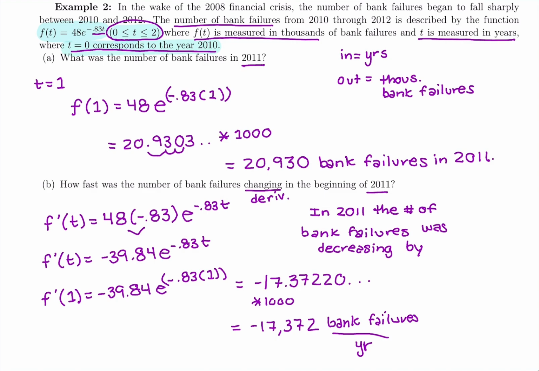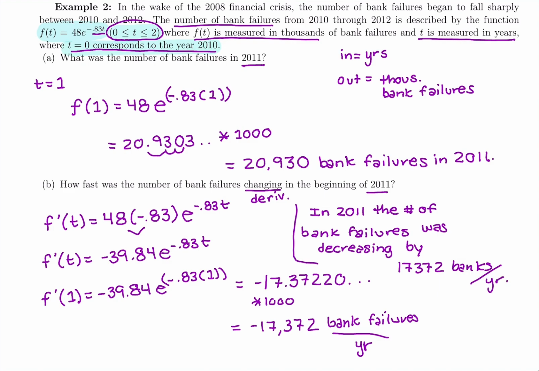Decreasing already took care of that negative for us. If you say decreasing by a negative, 2 negatives will make it a positive. So we're just going to say decreasing by 17,372 banks per year.